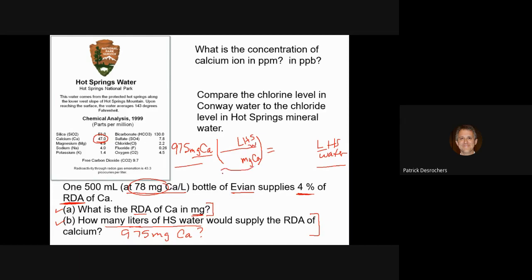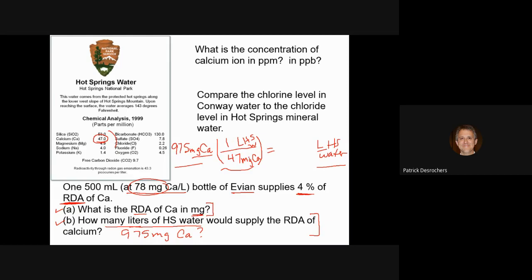What numbers do I put where? Something about this number. What goes where? Milligrams of calcium, so the 47 goes top or bottom? Bottom. Yeah, because this is the same as parts per million, but inverted.